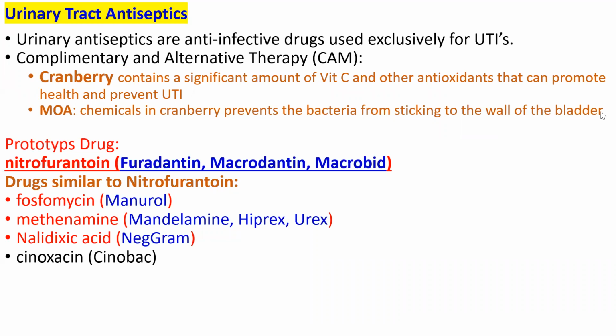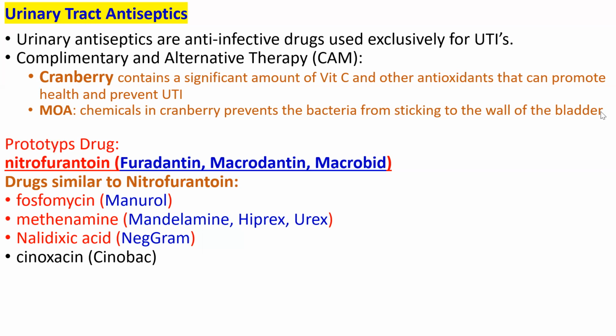The urinary tract antiseptics are anti-infective drugs used exclusively for UTIs. We can also include CAM therapy, complementary and alternative therapy, like the cranberry, for example, either in capsules, crushed in powder packed in capsules, or even cranberry juice.